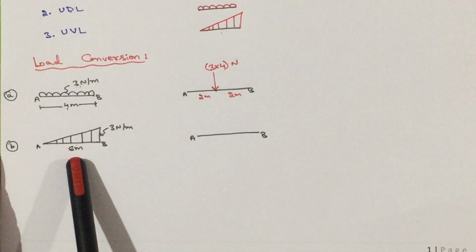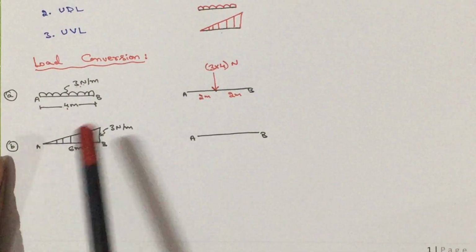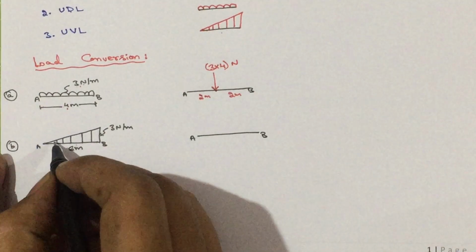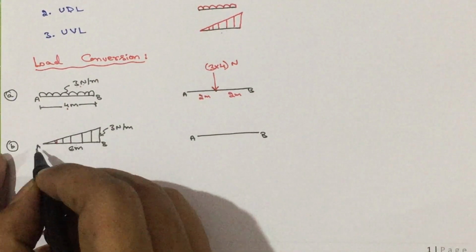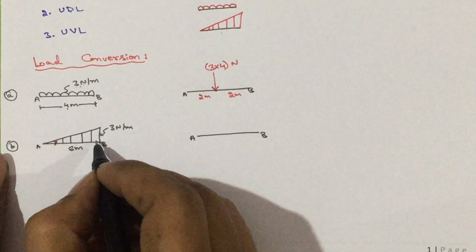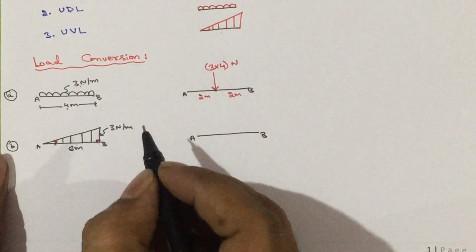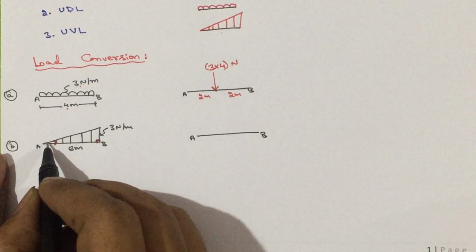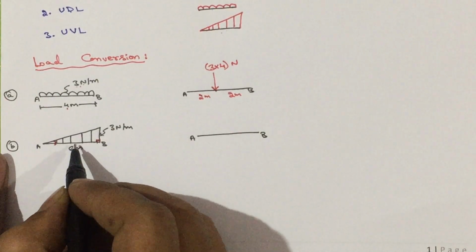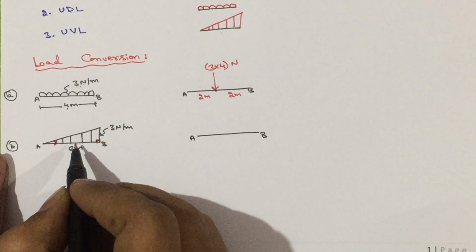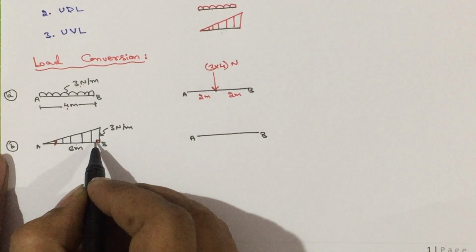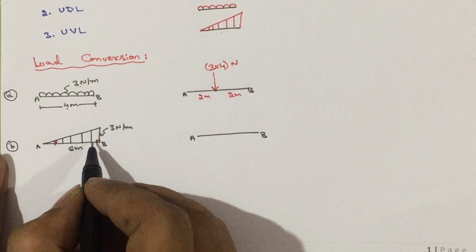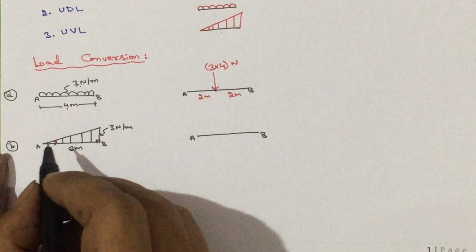Then, if we come to the UVL, here we have a right angle triangle, this is the acute angle side, this is the right angle side. So, where will it act? From the acute angle side, it will act at a distance of 2 by 3 into distance. From the right angle side, it will act at a distance of 1 by 3 into distance.